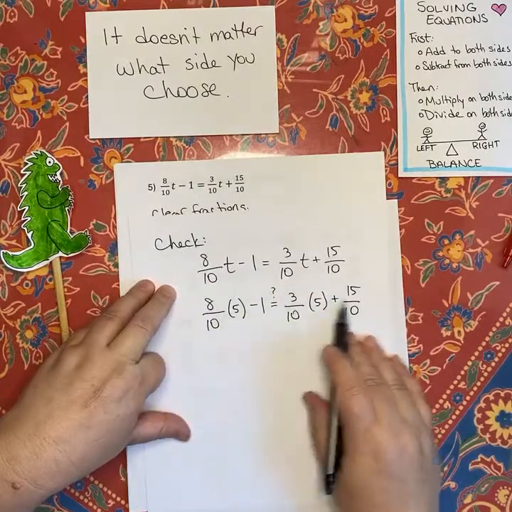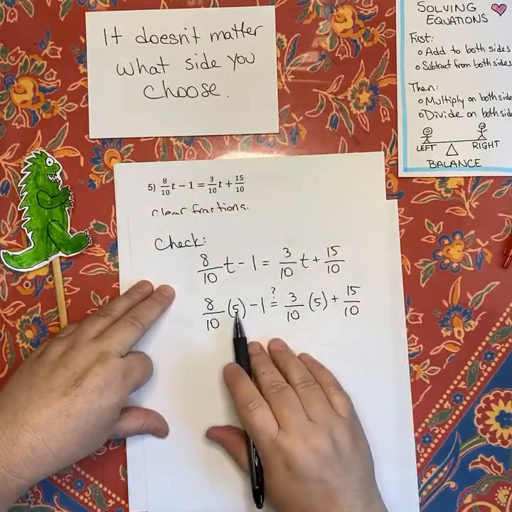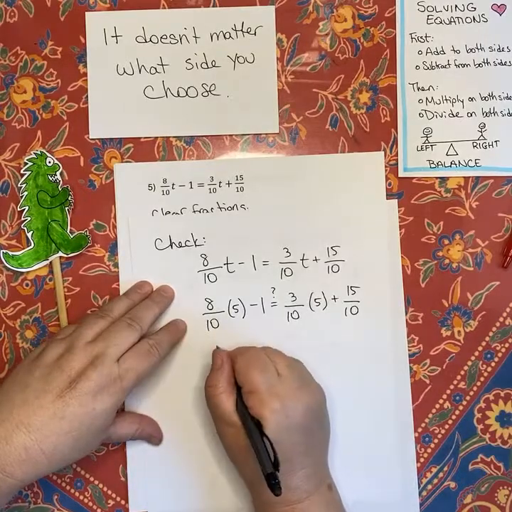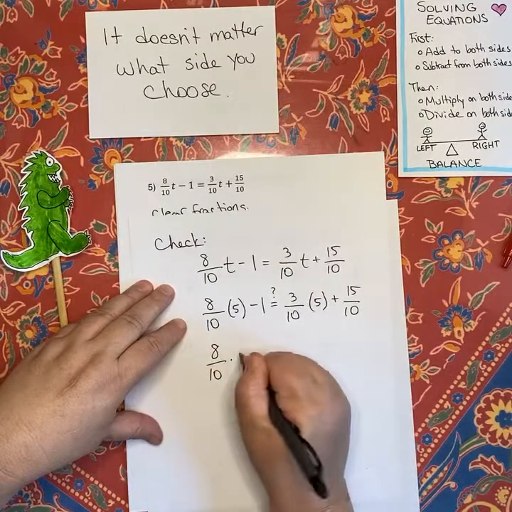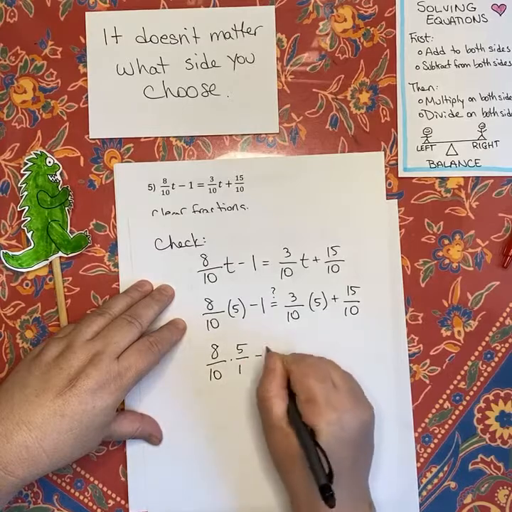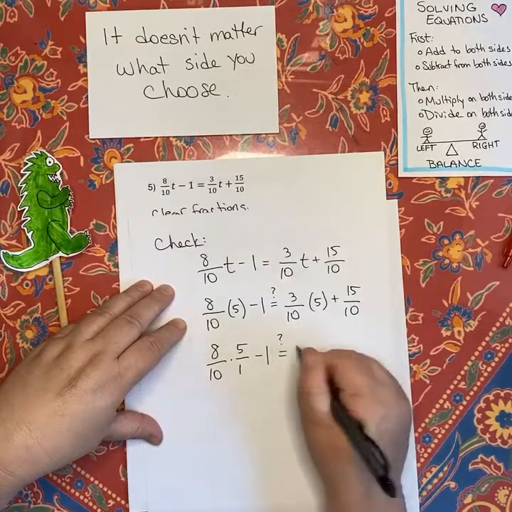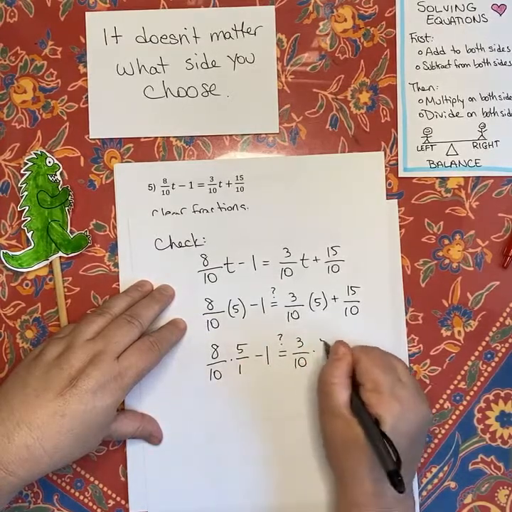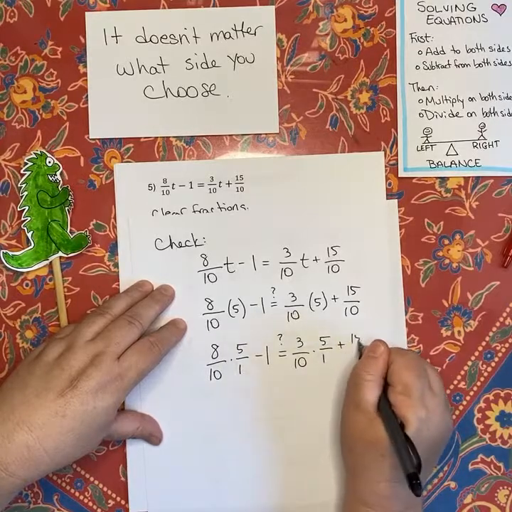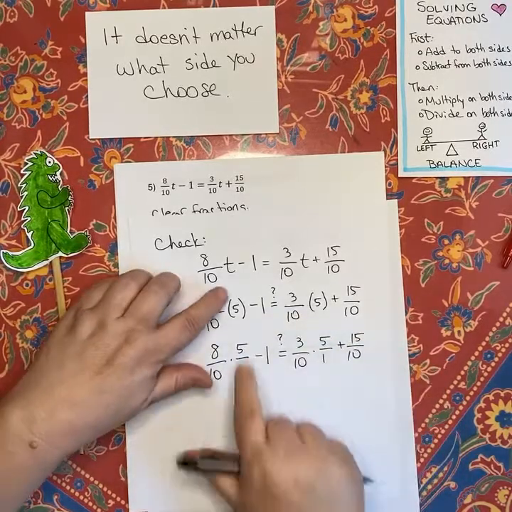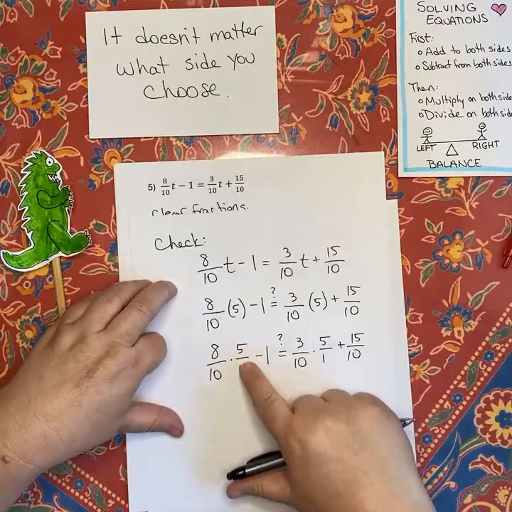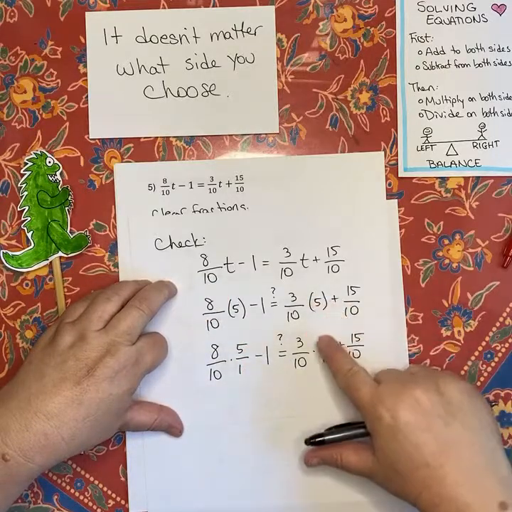Now, since I'm dealing with fractions, I'm not just going to write it as 5. I'm going to write it as 5 over 1. So I took the 5 and I wrote it as 5 over 1, and this 5 as 5 over 1.